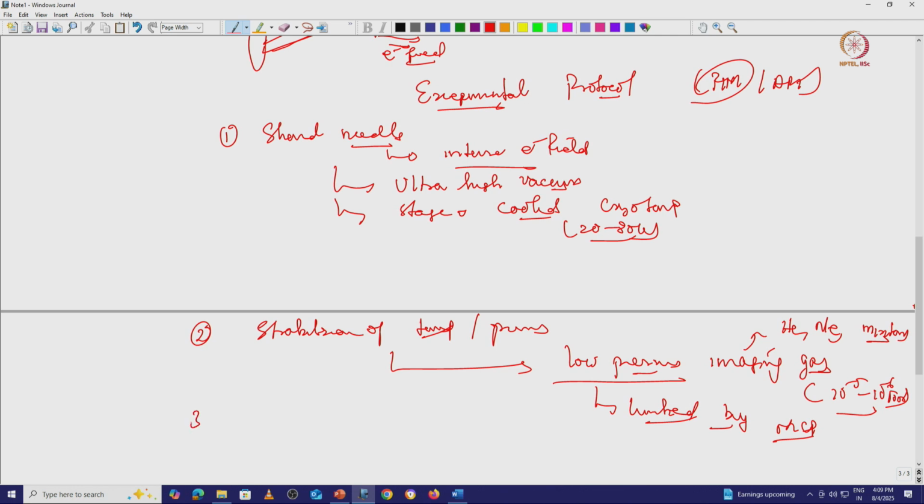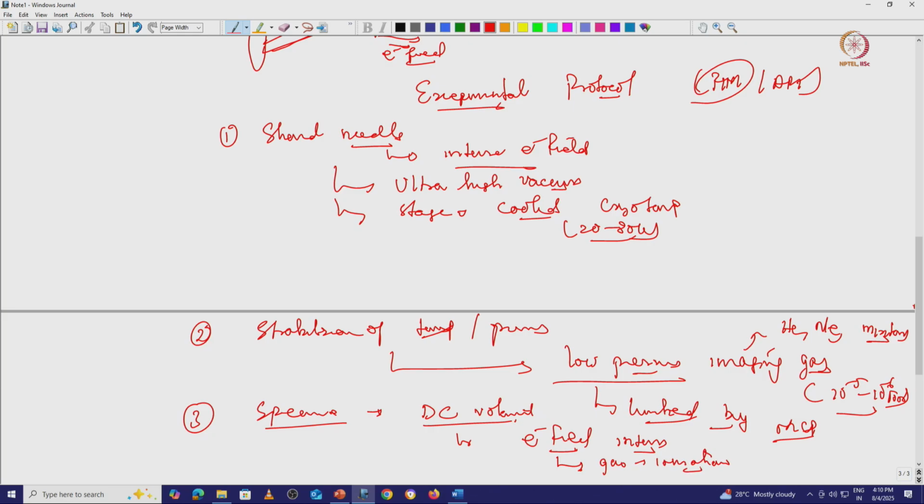The third important point is that a DC voltage is applied to the specimen, which progressively increases until the electric field at the specimen is very intense, enough to ionize the imaging gas.